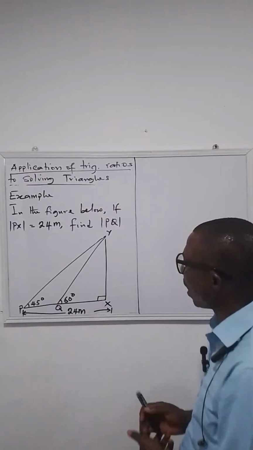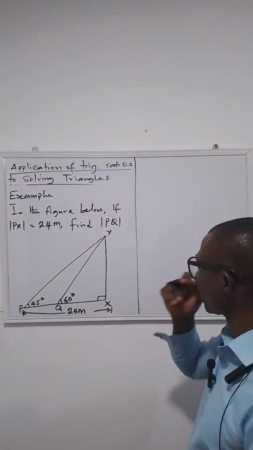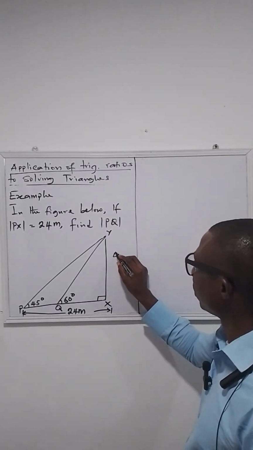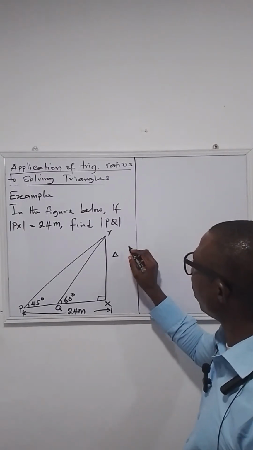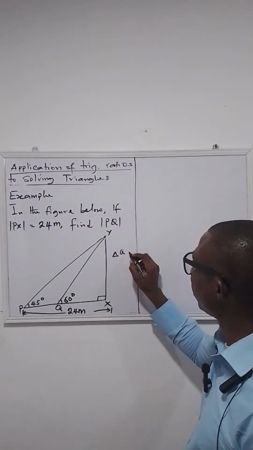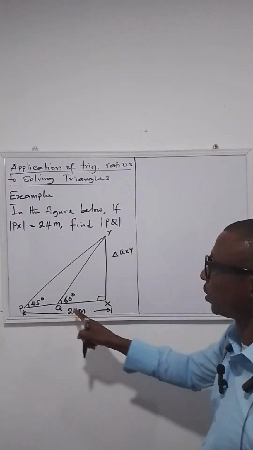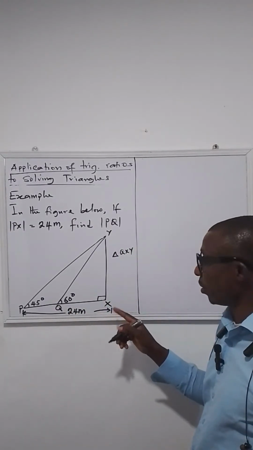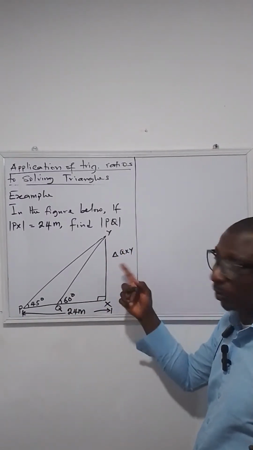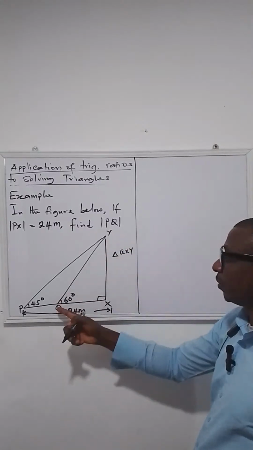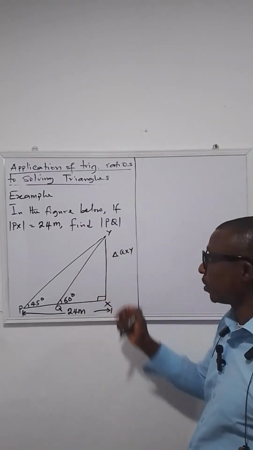So that means we have triangle QXY. This is the symbol of triangle. This triangle QXY, or you call it triangle XQY, whatever. Just make sure that the vertices are there.